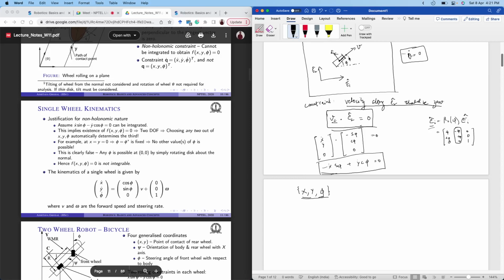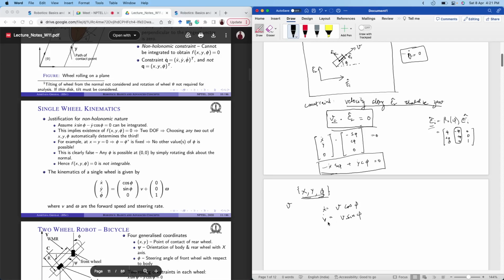So this is your small e1. Okay, so if the velocity is v, then x dot is v cos phi, right? And y dot is v sin phi.